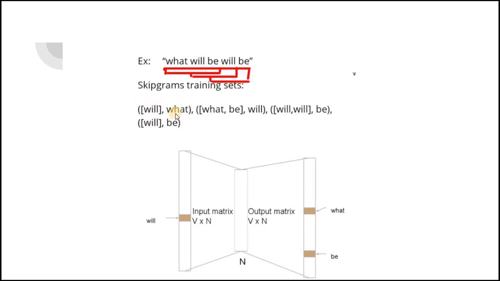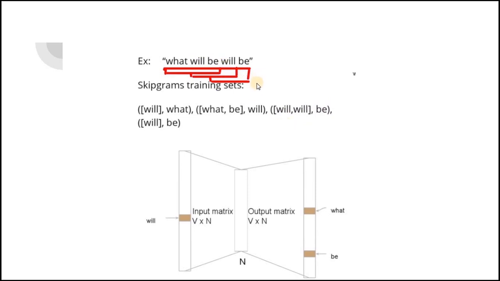This is one of the inputs. Then next I will take the word will. Since it has 2 neighbors, it will be split into 2 inputs, right? So for will as an input, the output I will be expecting will be what and be. Similarly, if I take the word be as an input, the output for that word would be will and will.